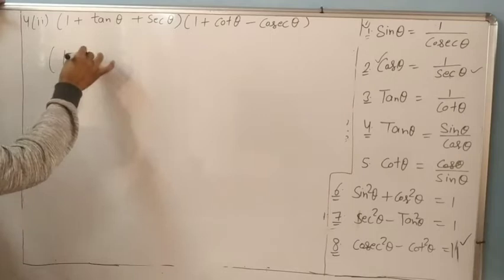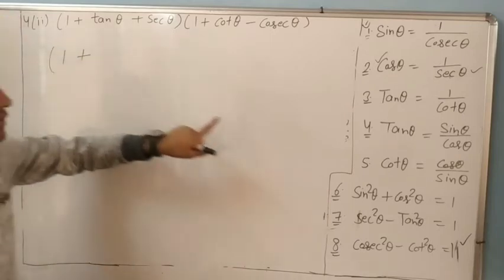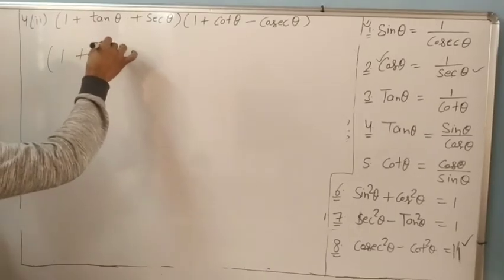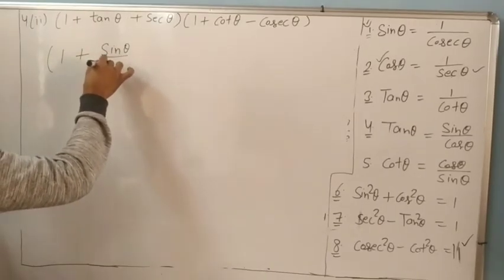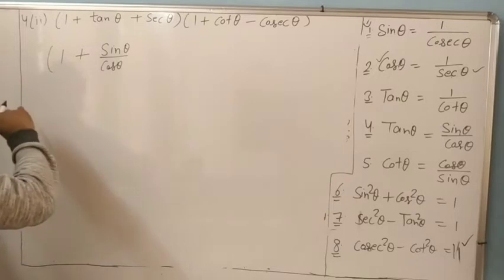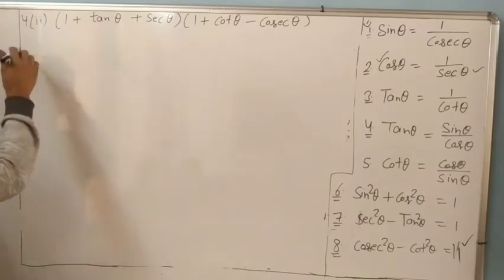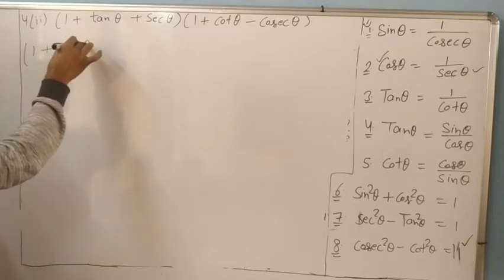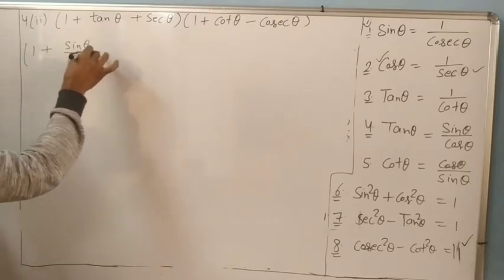Look, very simple. 1 plus tan, change into sine and cos. Tan is always sine by cos. So it is sine theta divided by cos theta. 1 plus sine theta divided by cos theta.